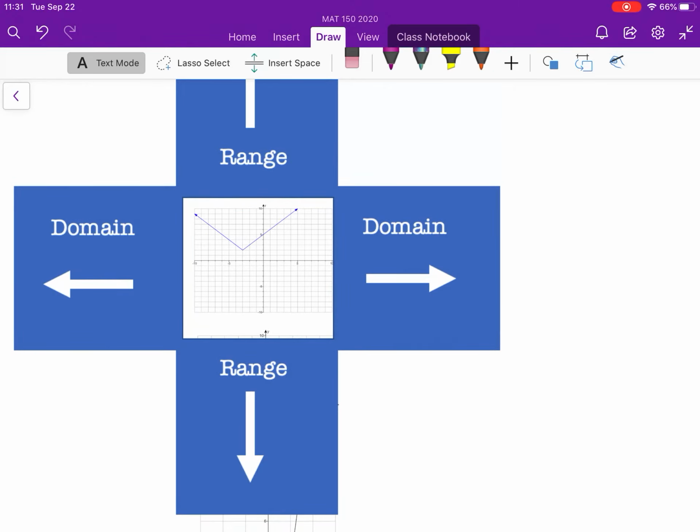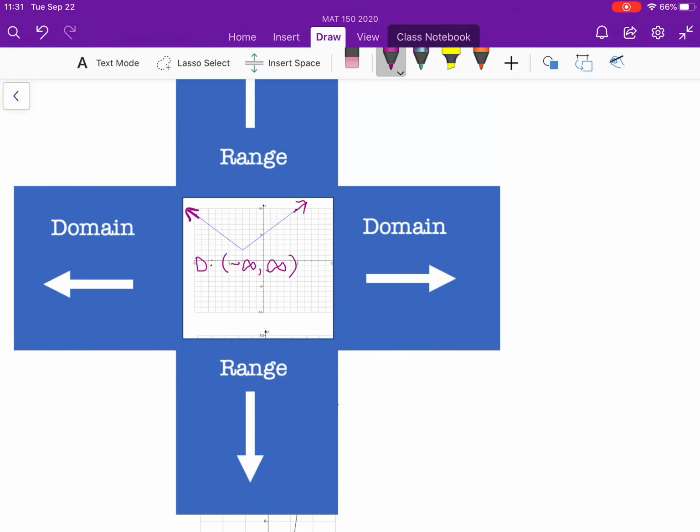In this one, if we think about the domain, I have arrows going left forever and right forever. So that's how I know that the domain is negative infinity to infinity, because it gets wider and wider forever and ever and ever.